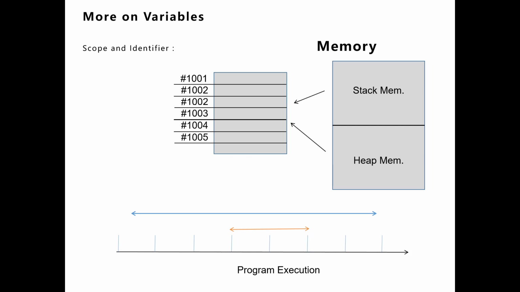Now these are given an index, like the positioning, as you can see, hash 1001, 1002 and so on.